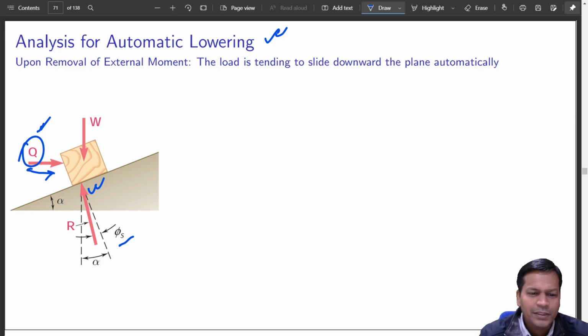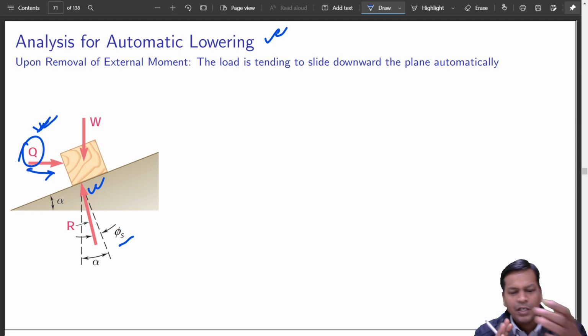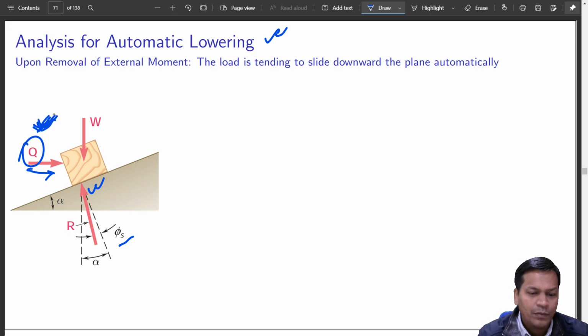Limiting condition. The external moment is trying to hold it in place. If you remove it, what is the condition? That is what we are going to do. This is your external force created due to the external moment that is trying to hold it in place.